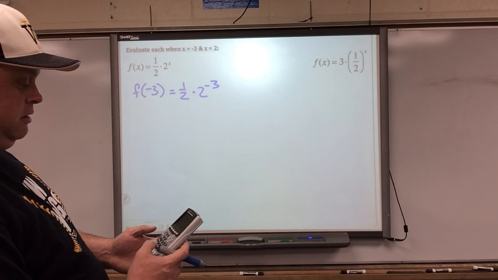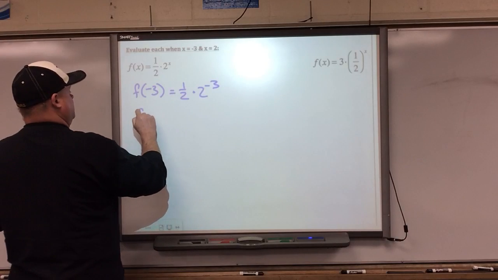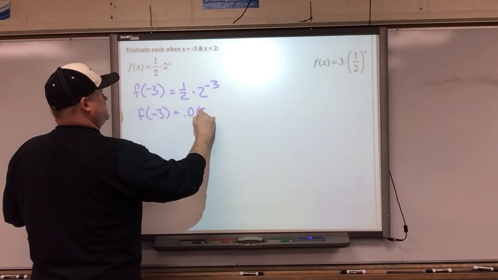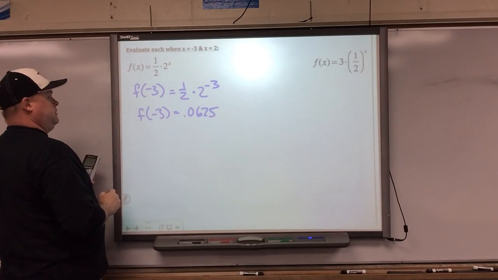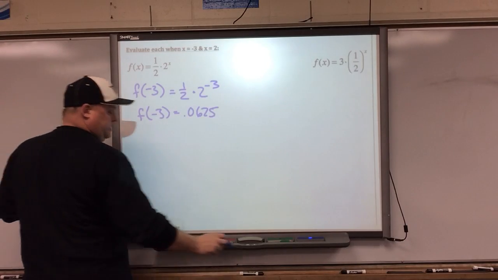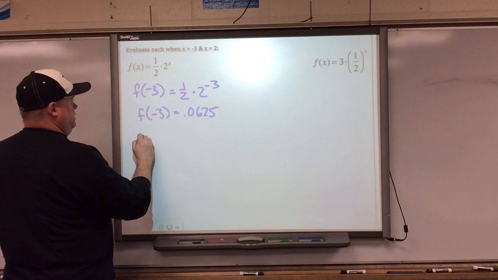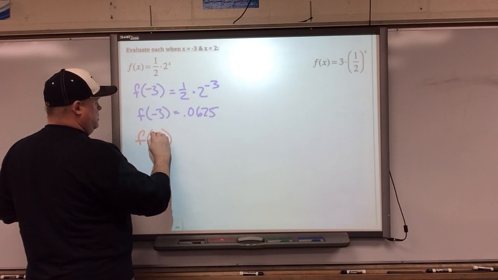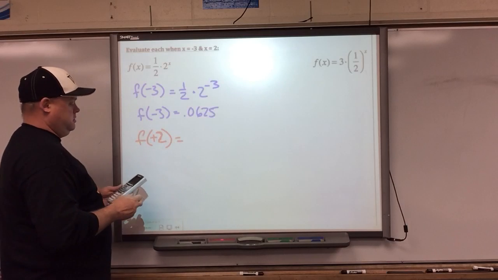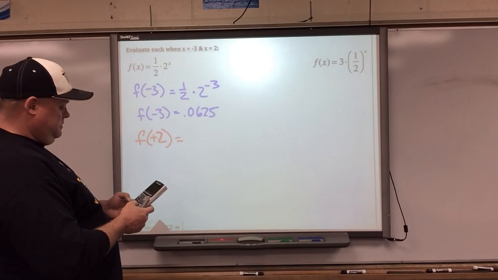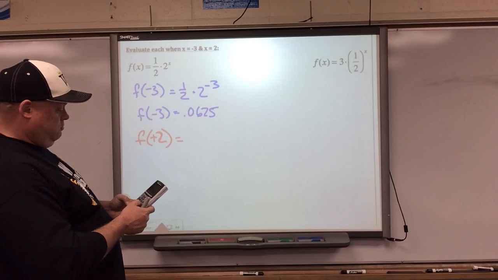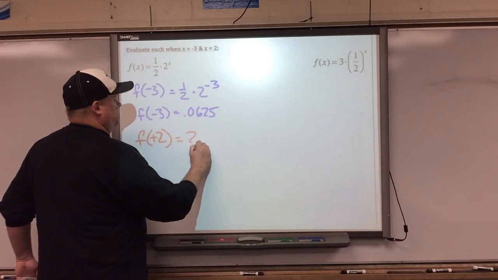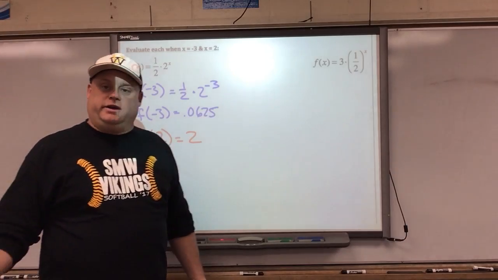Hit enter. I get 0.0625. Now I'm going to do it in red so we can see. I want to evaluate it for +2. So 0.5 times 2 raised to the +2. That gives me 2.